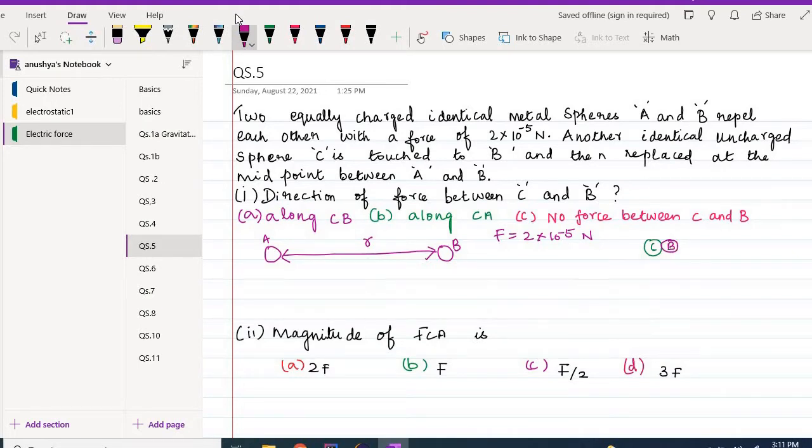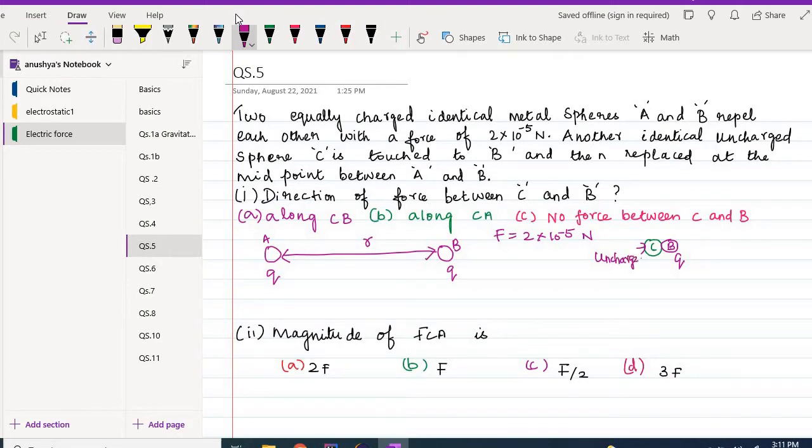Two equally charged bodies are given in the question. Let Q be the two equal charges at locations A and B, and C is an uncharged body.